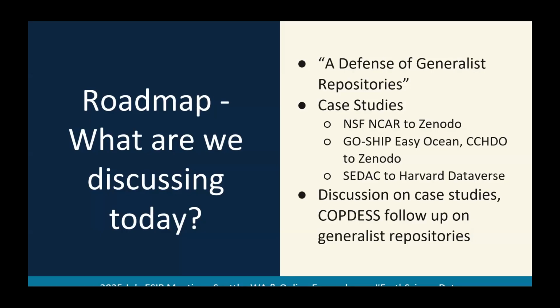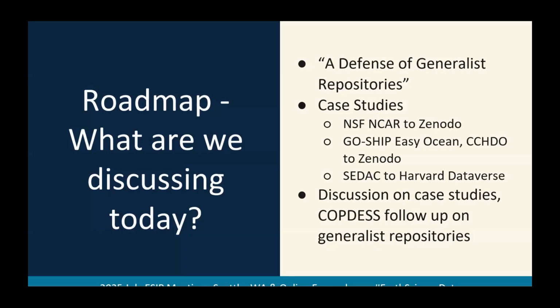Then we will go into three different case studies that are not in order. We have the NSF NCAR GDEX migration to Zenodo. We have the CCHDO GoShip EasyOcean dataset migration to Zenodo, and then we have CDAC to the Harvard Dataverse, I believe. And then after we go through these three case studies, all of us will probably talk for very varying amounts of time on the case studies.